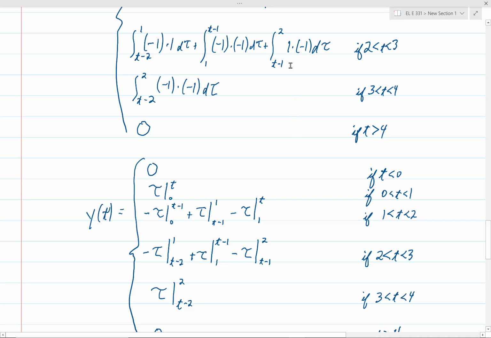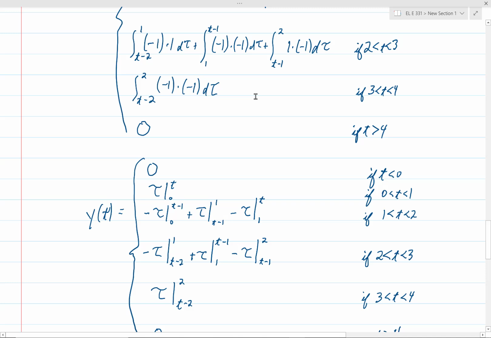And then finally, 1 times negative 1 is negative 1, and the integral of negative 1 d tau is negative tau, and we're evaluating from t minus 1 to 2, as you can see there. So that takes care of 2 less than t less than 3.